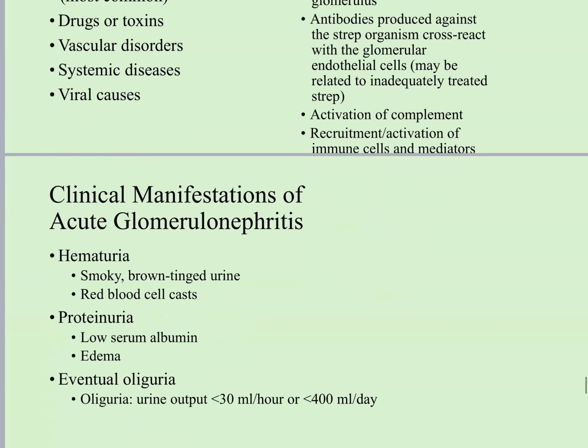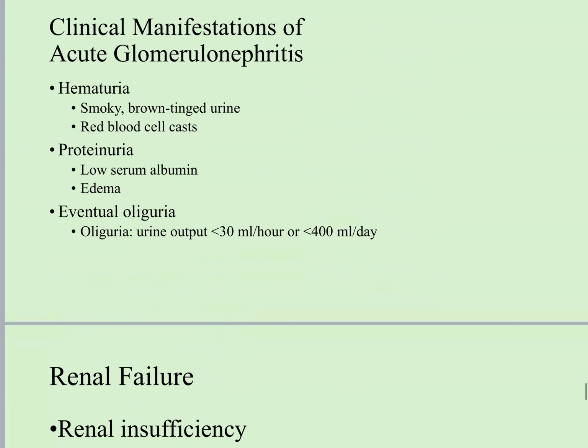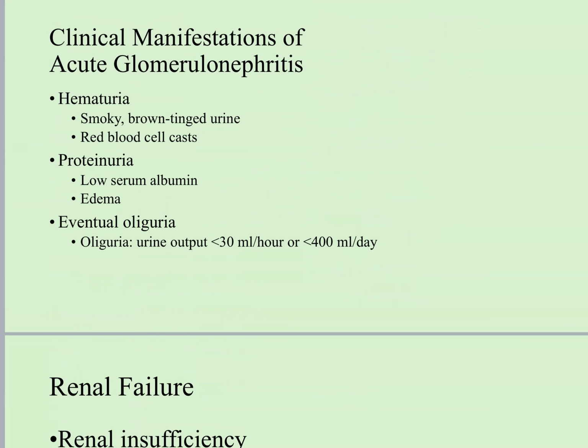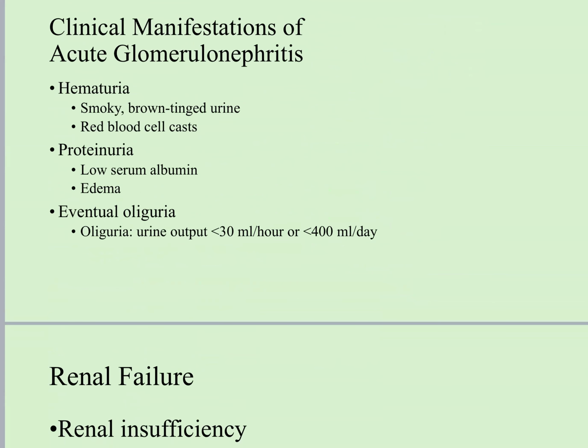So, what this can look like with acute glomerulonephritis is hematuria, so smoky brown tinged urine, and red blood cell casts. The casts are kind of like the little casings of red blood cells.